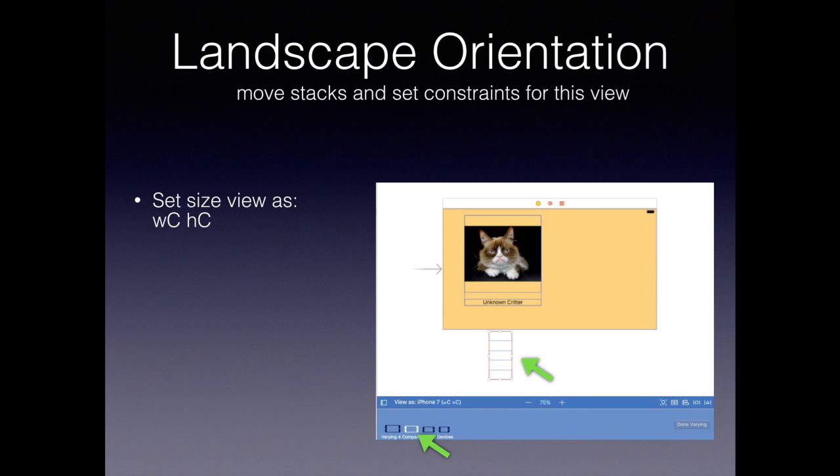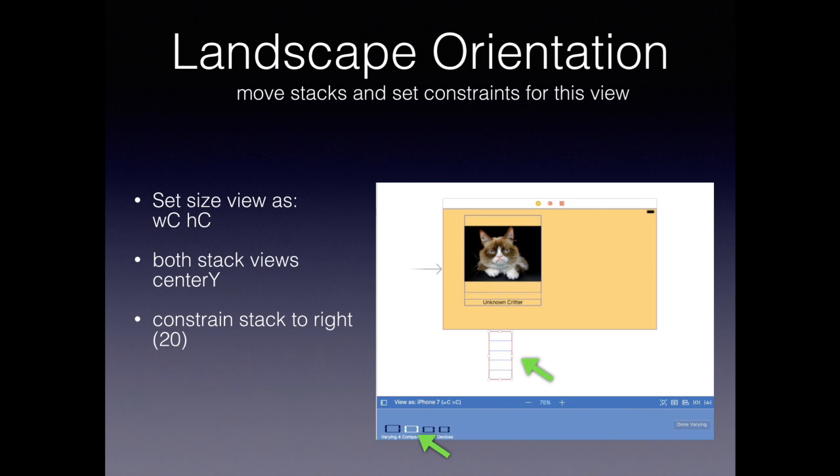Also, you notice that selecting this size class, the width is compact and the height is compact for the iPhone 7 or 6 in landscape mode. Both stack views are now centered along the y-axis, namely in the vertical axis.